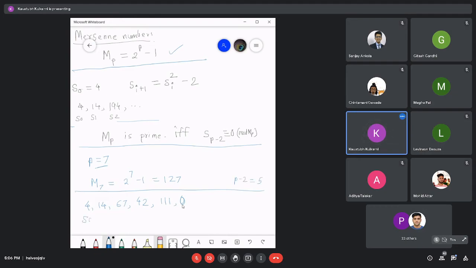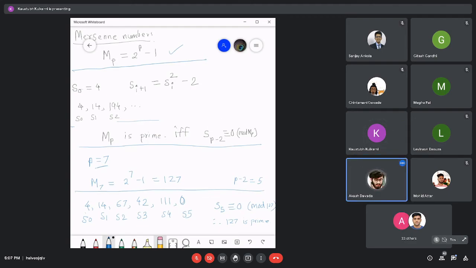This is S0, S1, S2, S3, S4, and S5. S5 is 0 as wanted. S5 is congruent to 0 mod 127. Therefore, 127 is a prime.